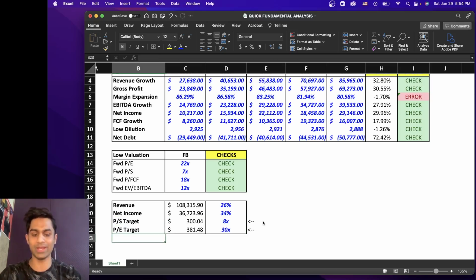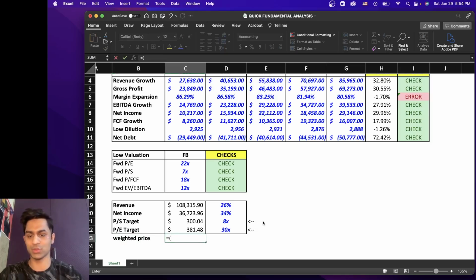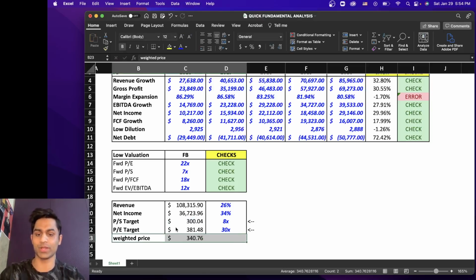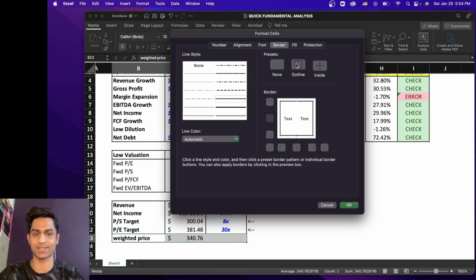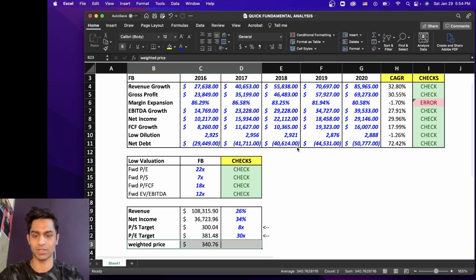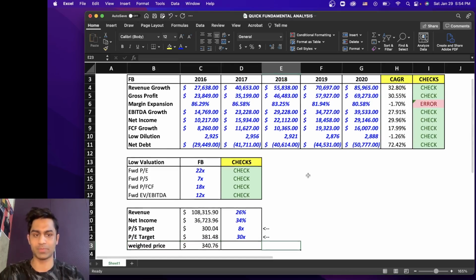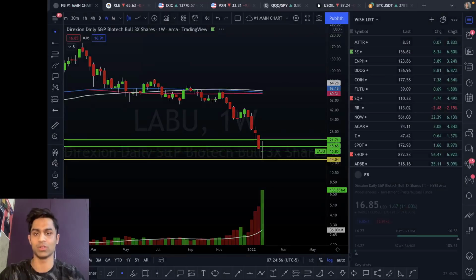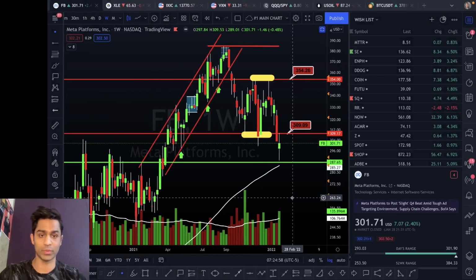And when we take a weighted average price, so weighted price target, then all you got to do simply, and again, these formulas I'm going to include as well. You're going to take this times 0.5 plus you get this right here times 0.5, and your price target sits at $340.76 for Facebook 12 months out, which based on the current price for Facebook right now, we are sitting at just over $301.